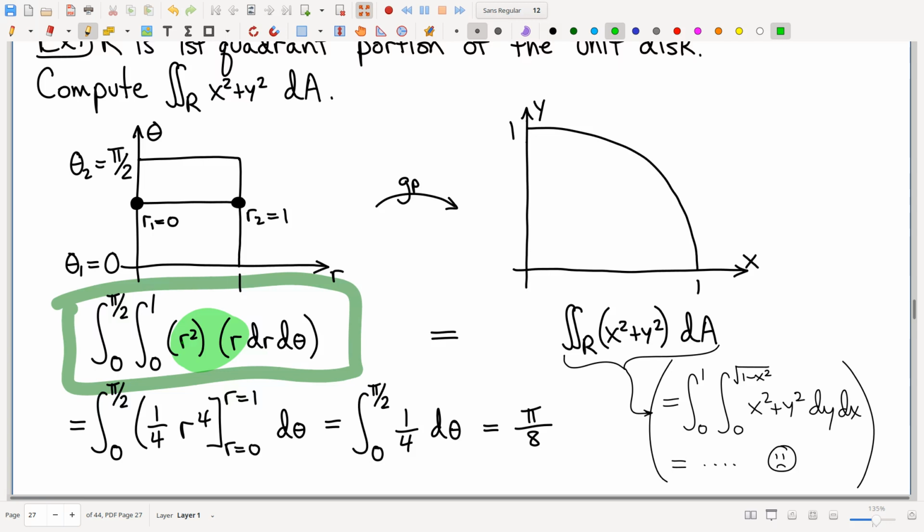A lot of people forget that and just keep it there for aesthetic reasons or something. But r cubed, you have to factor that into the original integrand. R cubed is now our integrand. It's an easy antiderivative, easy plugging in, and it's single variable calculus.